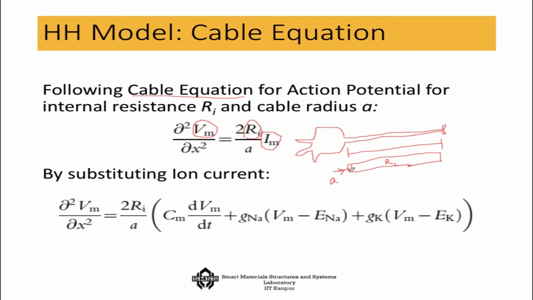So if the internal resistance is Ri and the cable radius is a, then the cable equation, which essentially considers that there is a continuous membrane between different points or nodes of Ranvier, can be segmented in terms of a kind of electronic system, in terms of some voltage, resistance and the capacitance of the membrane itself.